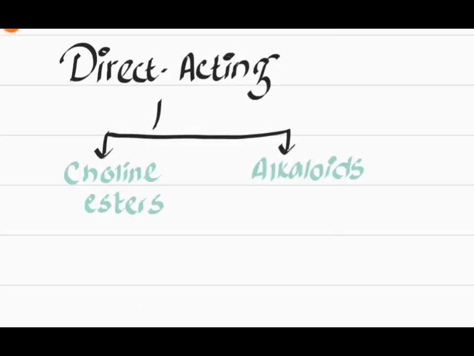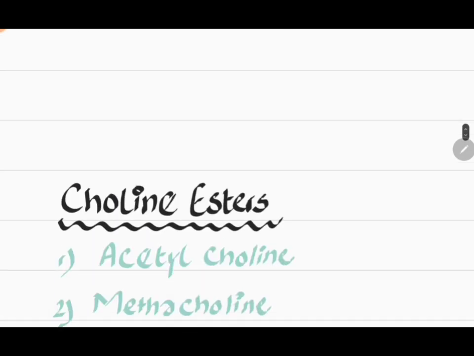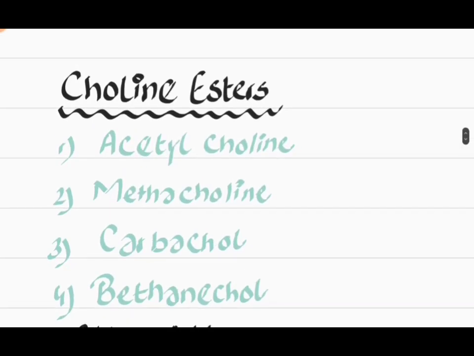In the direct acting drugs, we have two major divisions. Number one is the choline esters and the other is the alkaloids. In the choline esters, we have four drugs. Acetylcholine, which is a naturally occurring and endogenous neurotransmitter of the parasympathetic nervous system.